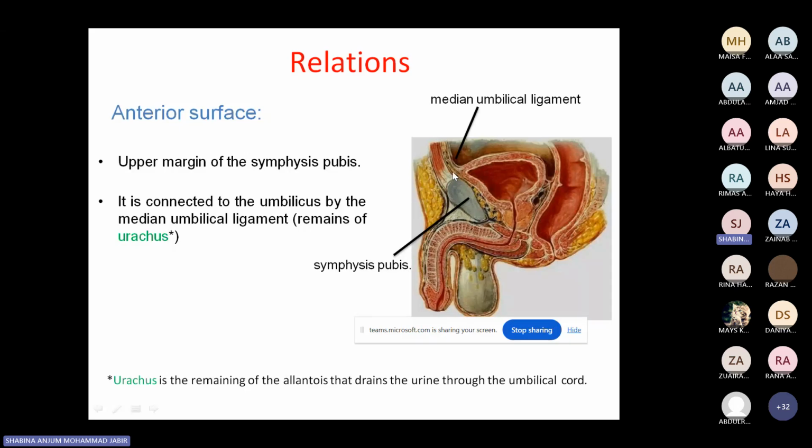In the fetal, developing stage, this part is open and connected to the umbilical cord, because at that time the urethra is not working, so the urine is drained through this route. It is the allantois, and in the adult it disappears to become the median umbilical ligament.